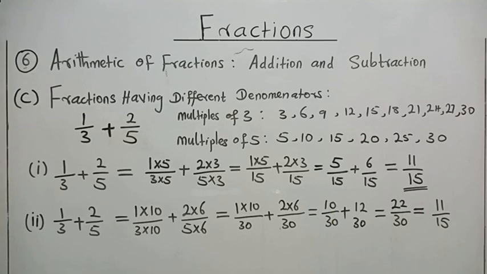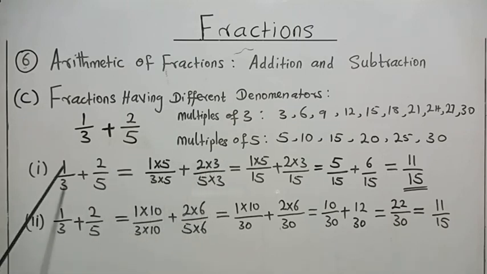We can also upgrade this 2 over 5 to something over 15. I mean, we can upgrade this 3 to 15 and this 5 to 15. How is it done? Notice the way it was done in this second line of action.